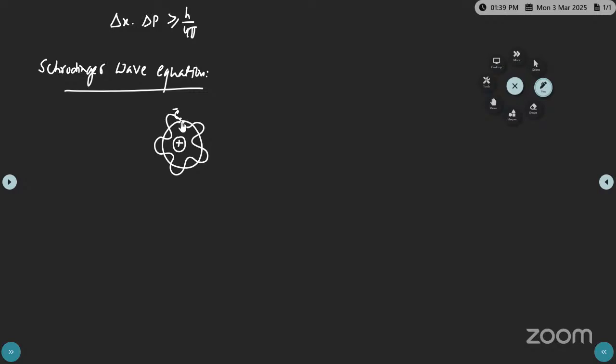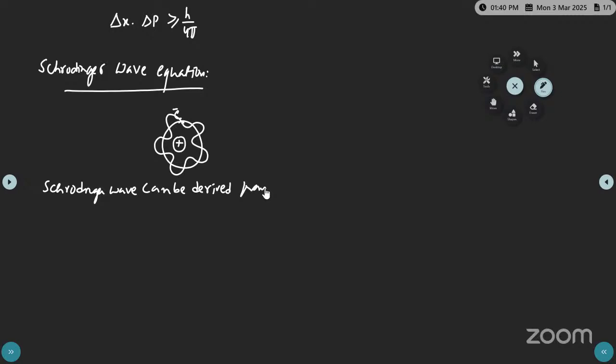So this Schrodinger wave equation can be derived from the fundamental equation.